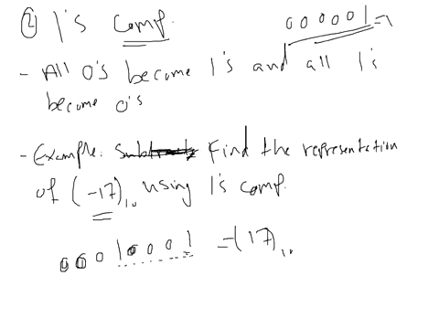Now let's convert it into minus 17. Right? Now let's go back to the rule. The rule says all zeros become ones, and all ones become zeros. So the minus 17, according to the ones complement rule, will be like this: 0, 1, 1, 1, 0, 1, 1, 1.